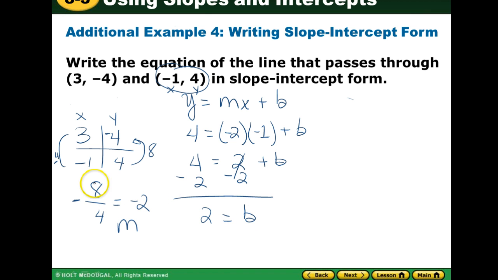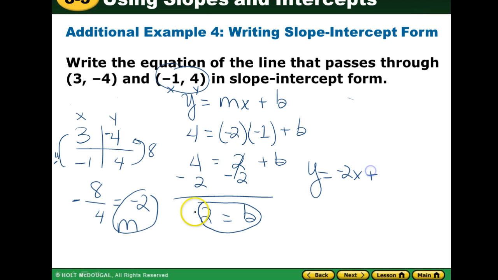So I got my slope, and now I have b. Now all I have to do is plug them into the formula. So it's going to be y = mx + b, which is y = negative 2x + 2, and this right here is slope-intercept form.